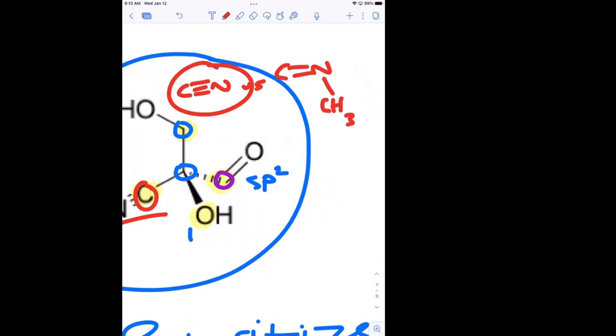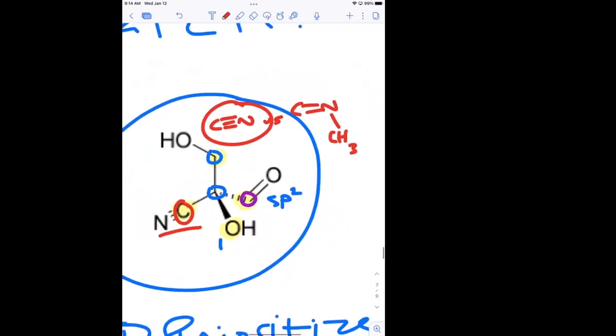But I'm comparing that to carbons that are bound to oxygen, and oxygen has a higher atomic number than nitrogen. So those groups that are bound to oxygen are going to have higher priority than the carbon that's bound to nitrogen. So that's going to be obviously 4.